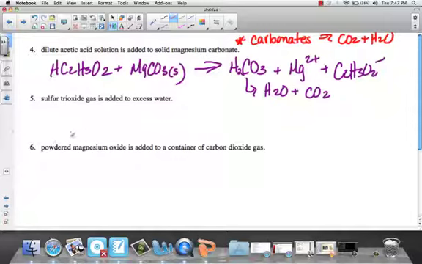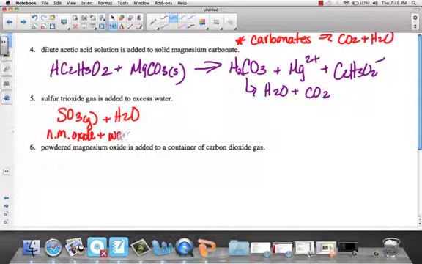Sulfur trioxide, SO3, gas is added to excess water. So you need to think about what we've got here. We have a non-metal oxide, and we know that a non-metal oxide plus water yields an acid.